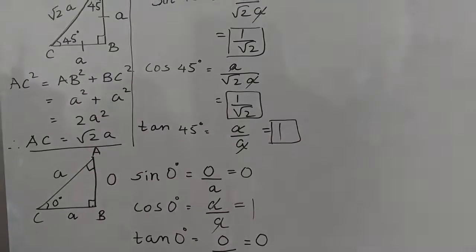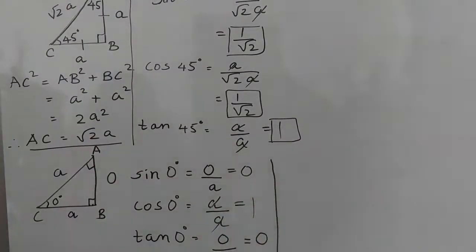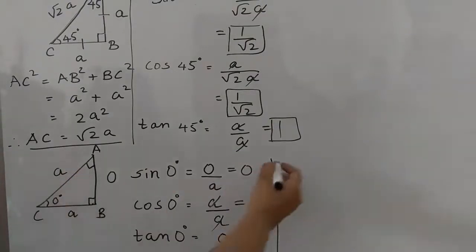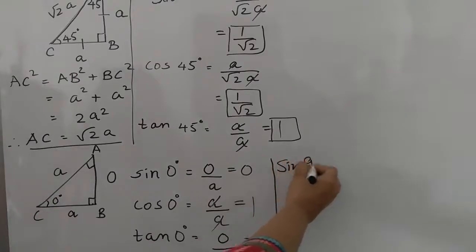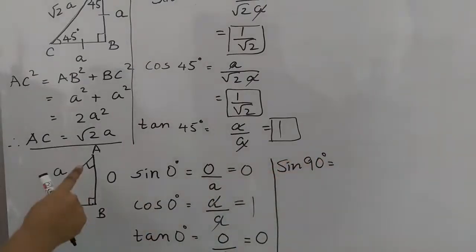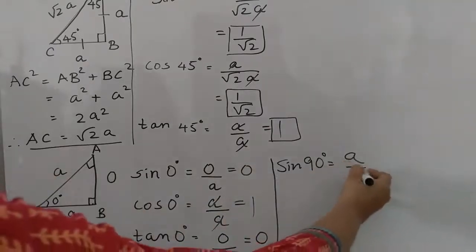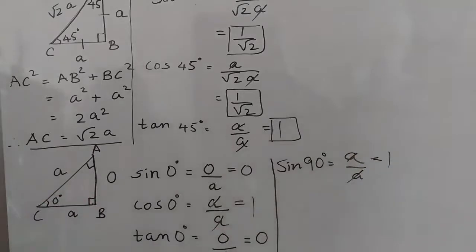Now we will write similarly sine 90, cos 90 and tan 90. So for that, other than this, the vertical angle 90 which I have taken, I will just accordingly write it. Sine 90 degree. So sine 90 means according to this angle, opposite is A and hypotenuse is A. So this is value 1.